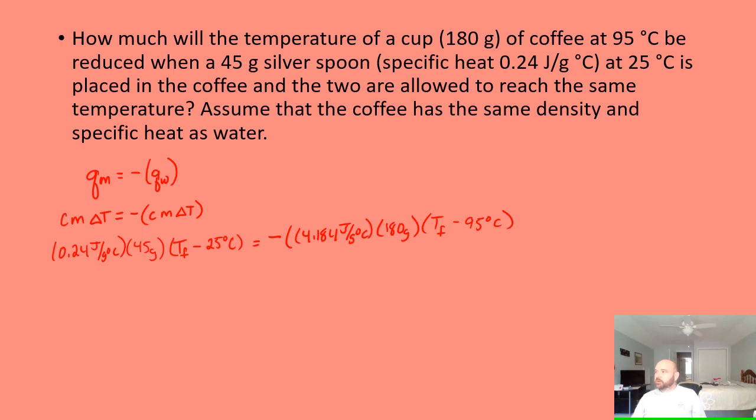So I will say that 0.24 times 45 is equal to 10.8. 10.8 times TF minus 25 degrees Celsius is equal to, we are going to do 4.184 times 180, 753.